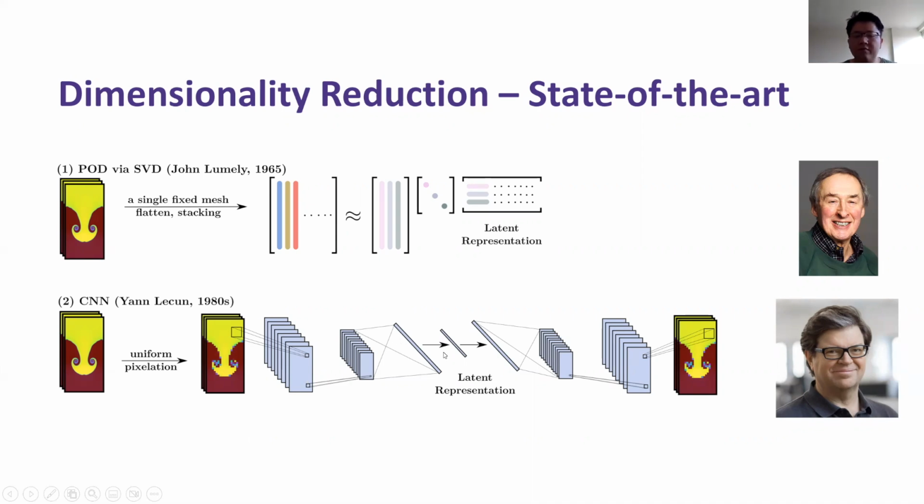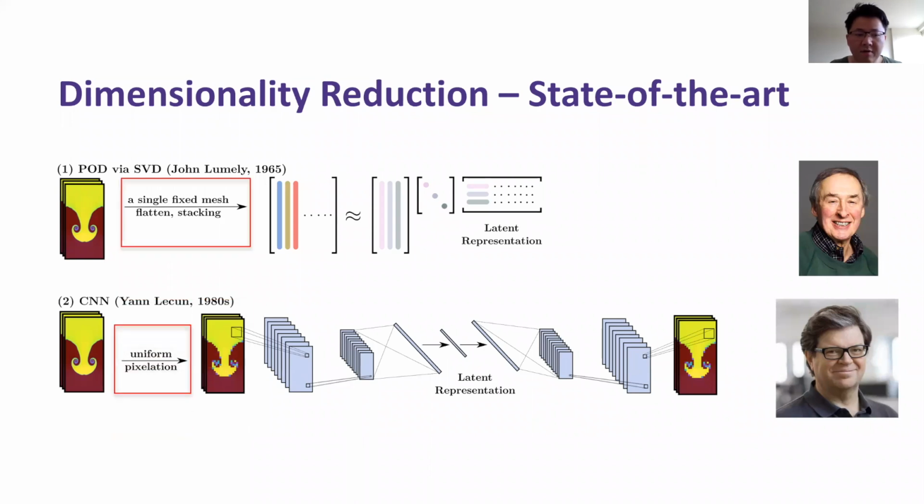In the middle you flatten them into a long vector, and then use a simple feed-forward neural network, a bottleneck autoencoder type of framework, to create a latent representation. Then you perform transpose convolution to map back to the image space. So that's the state of the art for dimensionality reduction.